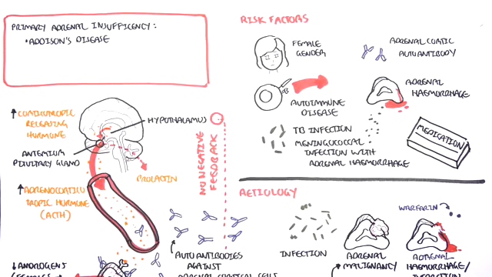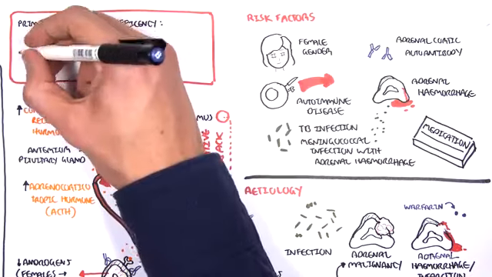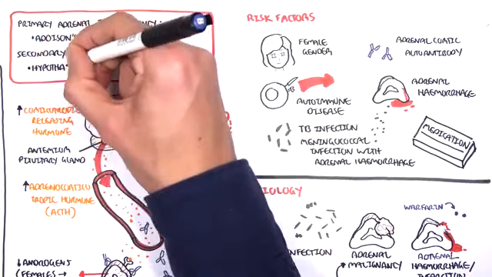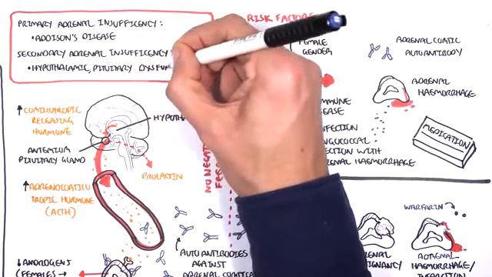Recapping, primary adrenal insufficiency is Addison's disease, which has many causes. Secondary adrenal insufficiency is caused by hypothalamic or pituitary dysfunction.